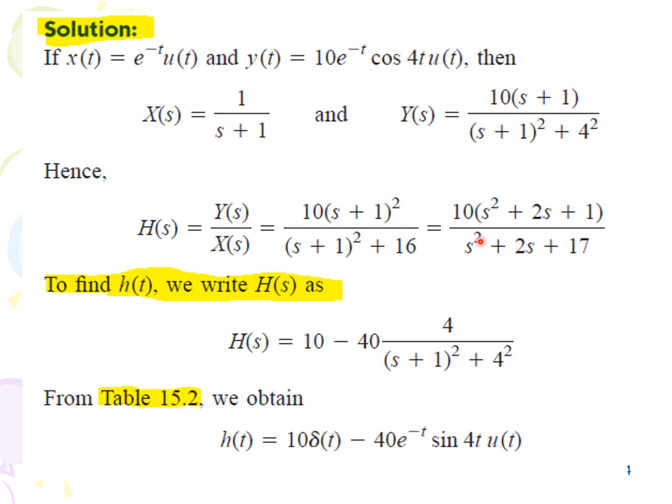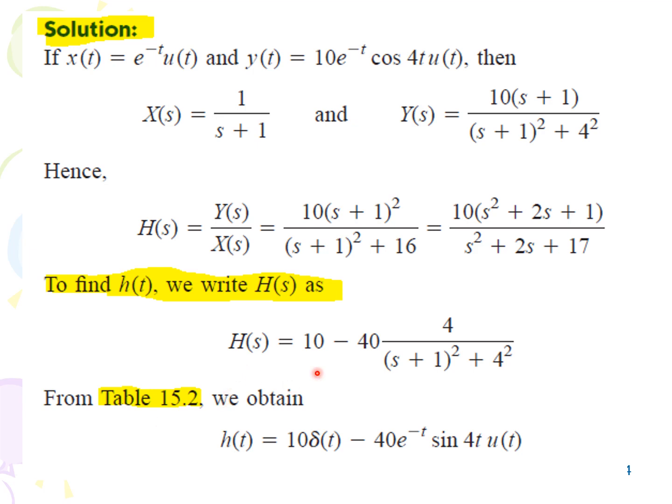And if we simplify this equation, we will get the original equation, that is 10(s squared plus 2s plus 1) divided by s squared plus 2s plus 17. Now we can apply the properties of the Laplace transform which were given in table 15.2 in chapter 15.